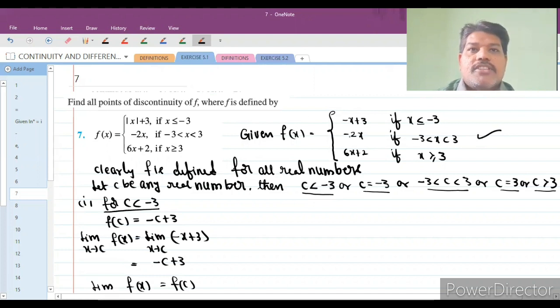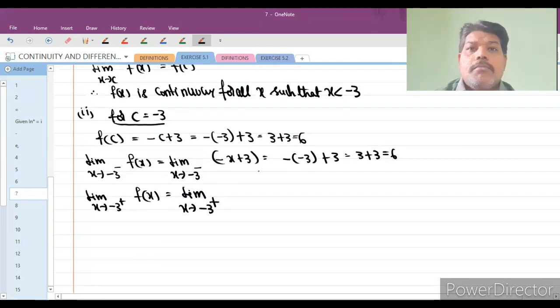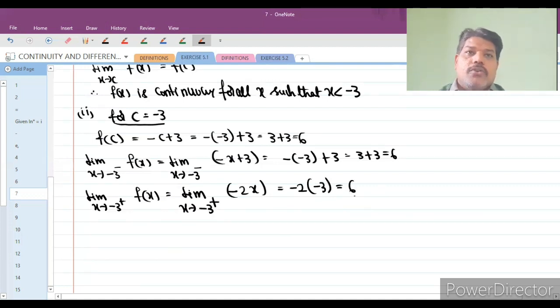In that case, f(x) value will become -2x. Apply the limit: -2 into x value, which is -3. Minus 2 into minus 3 will become 6 only.